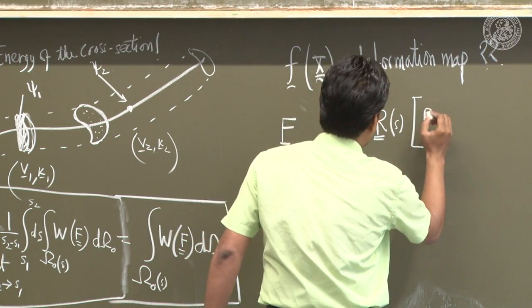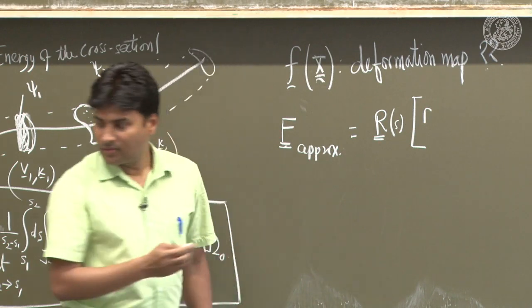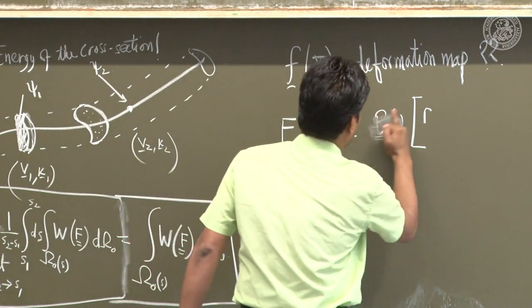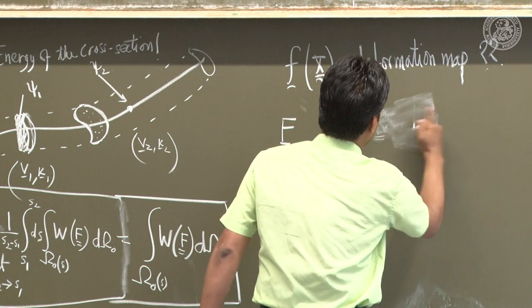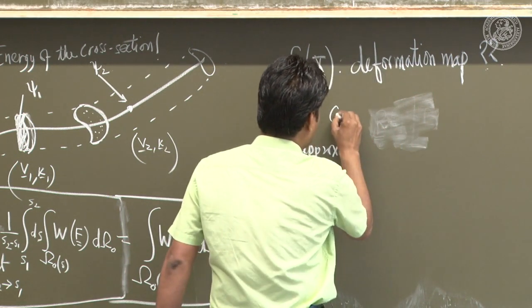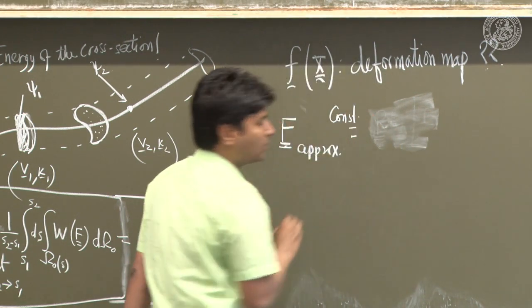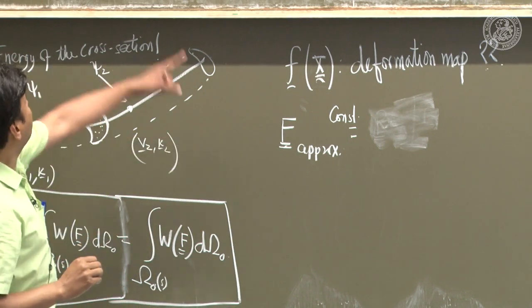So, that is going to be big R of S times, maybe I should work it out. So, the constrained one, if I use that, what will be big F?